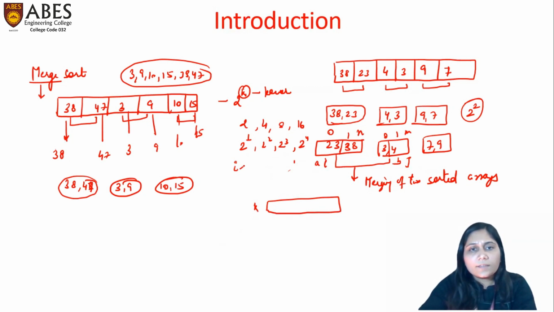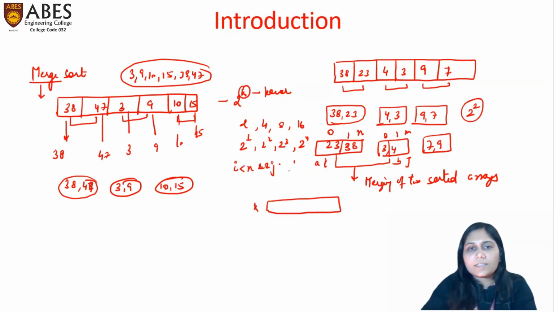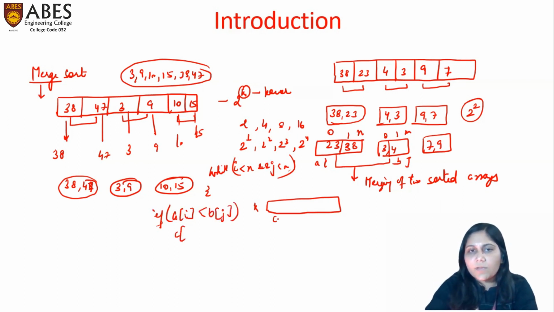So I'm writing: till i is less than n and j is less than m, whichever comes out first, we will handle that. If the element A[i] is less than B[j], then definitely in my C array, which is my output array, with k initialized as k equals 0, i equals 0, and j equals 0.